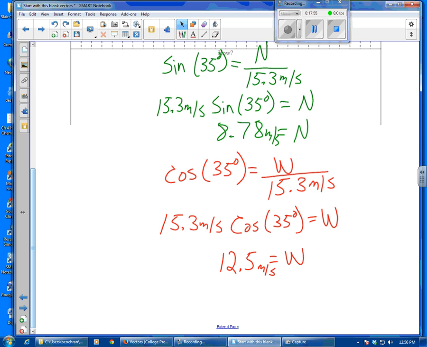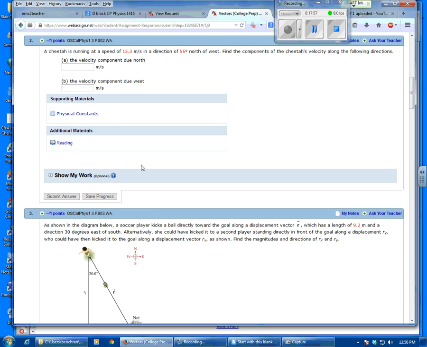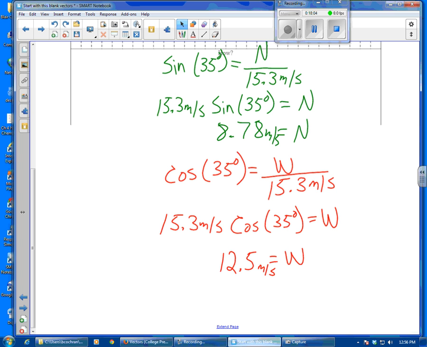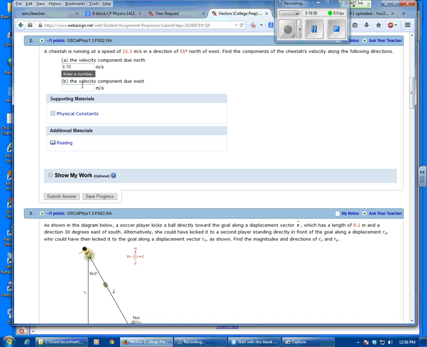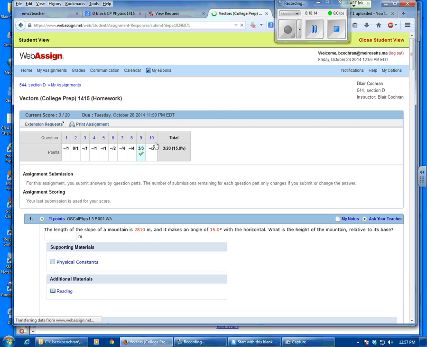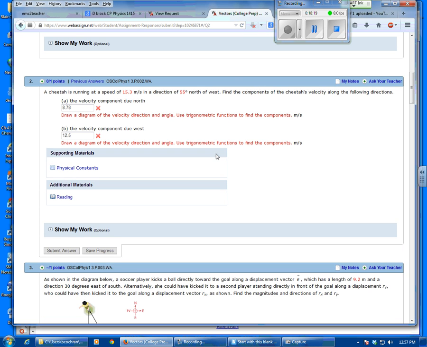Let's see. 8.78 for my north, due north, and 12.5 for my west. I got them both wrong.